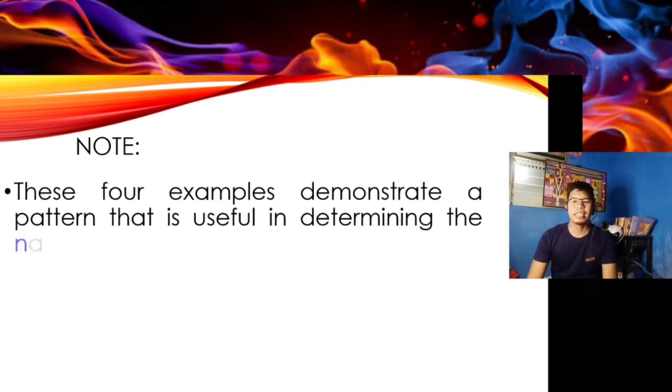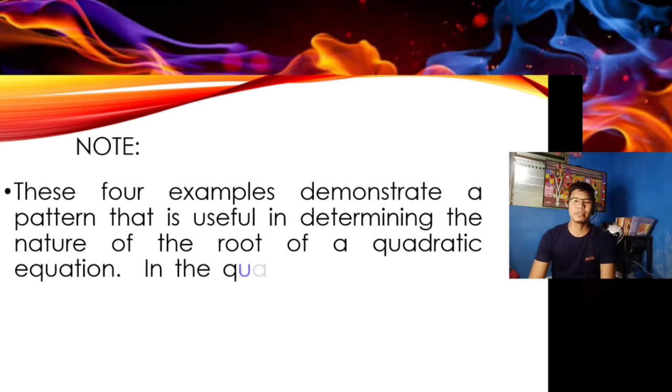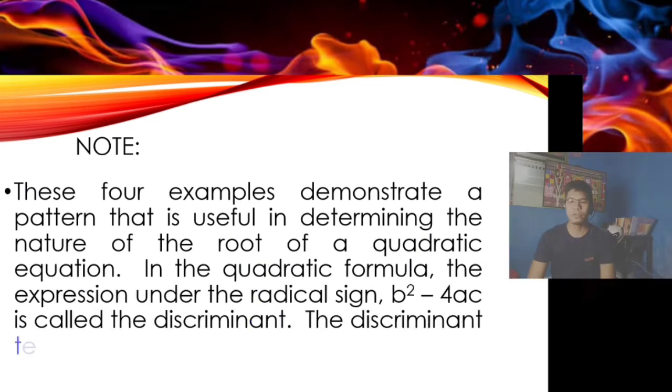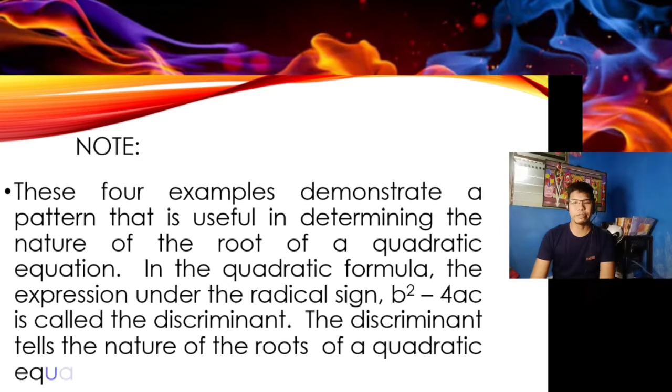Note that these four examples demonstrate a pattern. You can see a pattern there that is useful in determining the nature of the roots of a quadratic equation. So in the quadratic formula, in the expression under the radical sign or the square root, we have b squared minus 4ac. If you can still remember, it is called the discriminant. So the discriminant tells the nature of the roots of a quadratic equation.